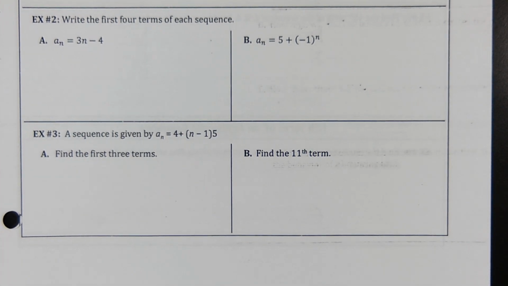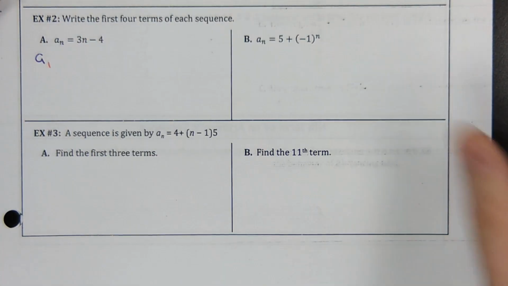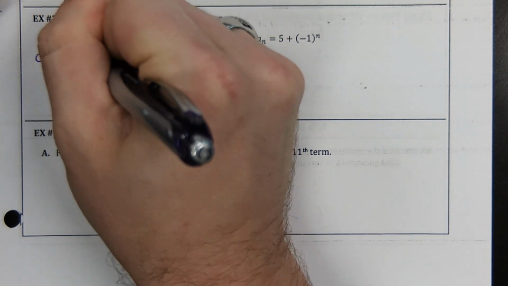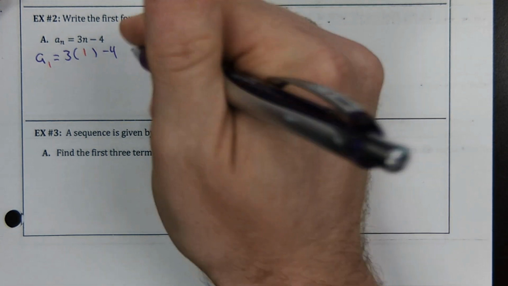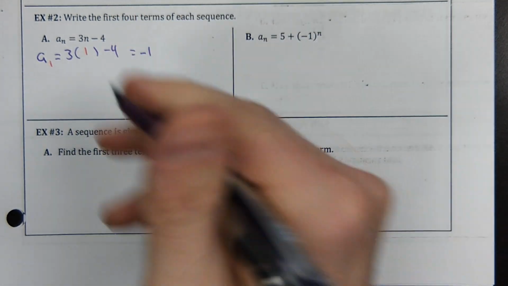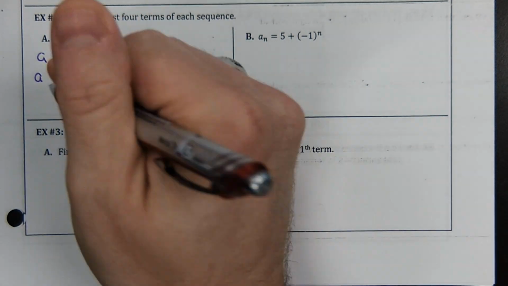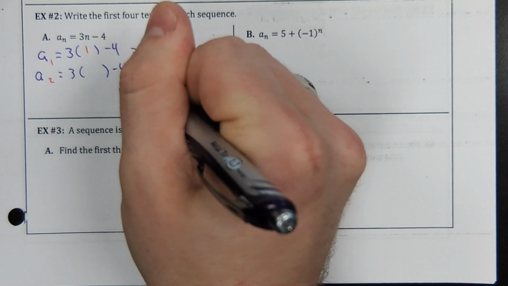So I'm going to be plugging in n equals 1, 2, 3, and 4. A sub 1 is 3 times 1 minus 4. Well, 3 minus 4 is negative 1. A sub 2 is 3 times 2 minus 4.